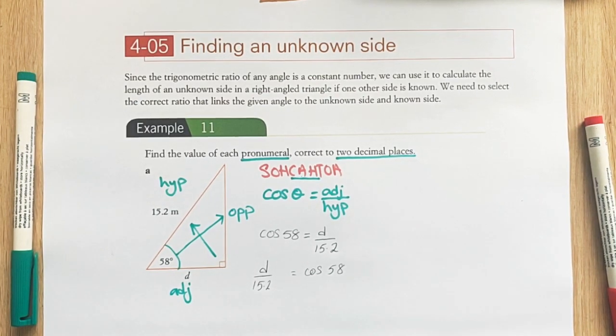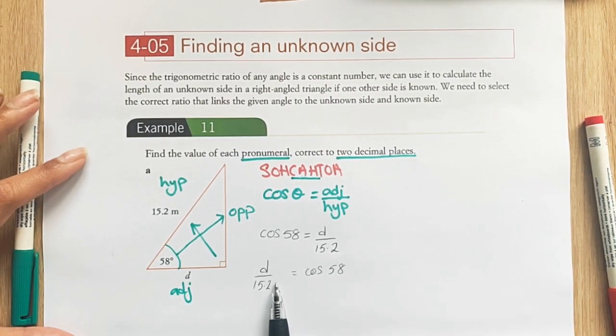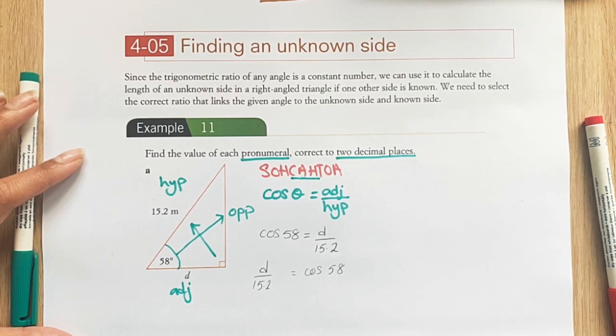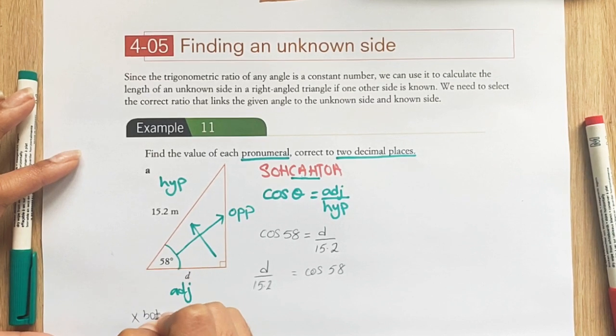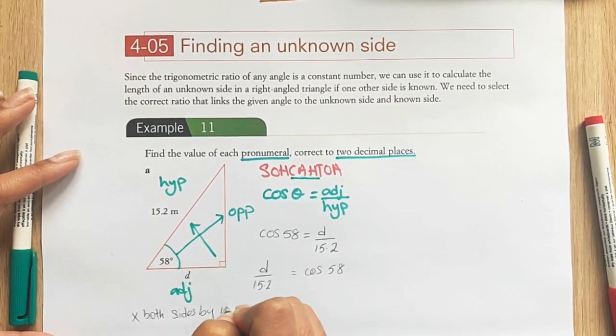Now, D is on the left and I want D on its own. How do I get D on its own? I will have to get rid of 15.2. One way of doing this is to multiply both sides by 15.2.